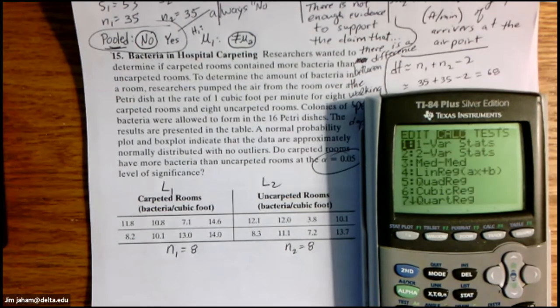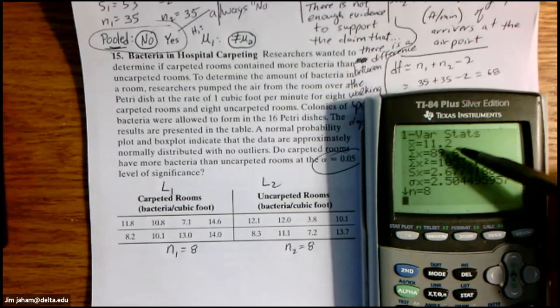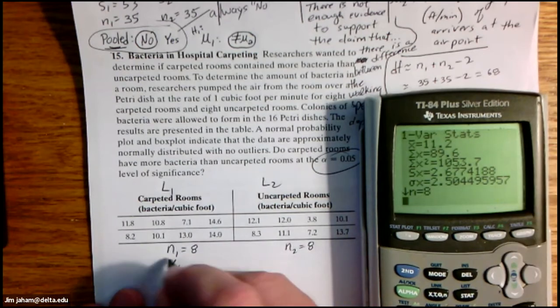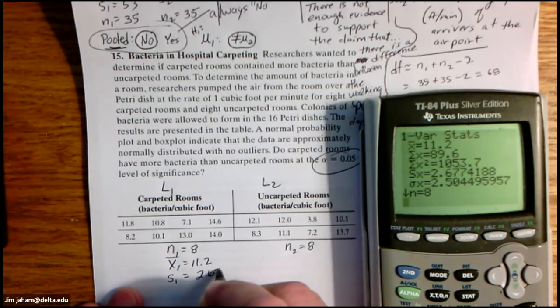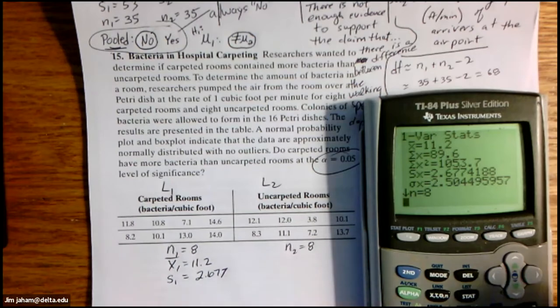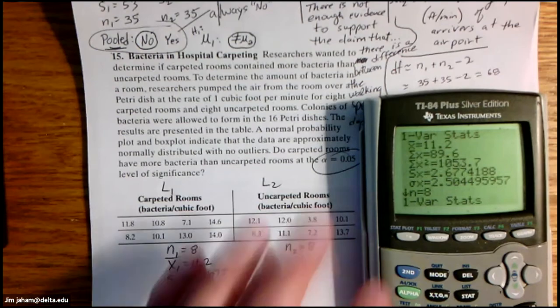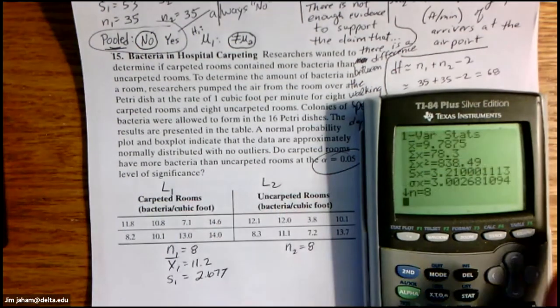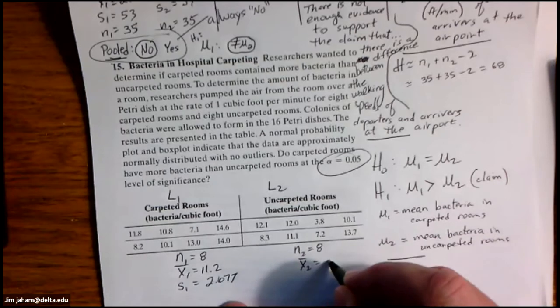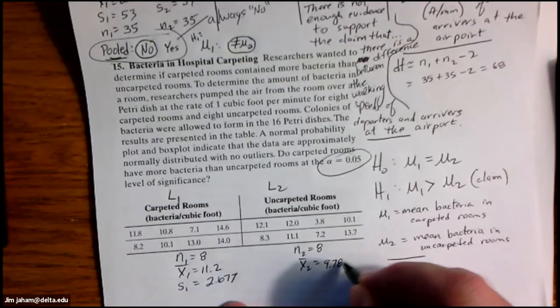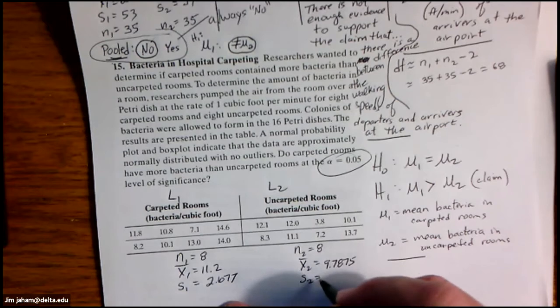You could do one variable statistics for the first group and get a mean of 11.2 and a standard deviation of 2.677. And then do it again for the second list. Looks like it's a little smaller here. 9.7875 and s2 equals 3.210.